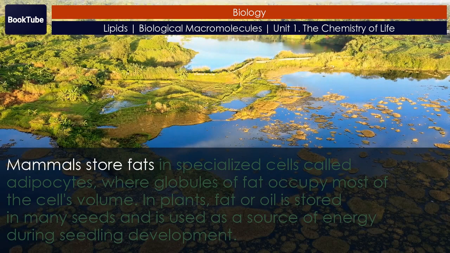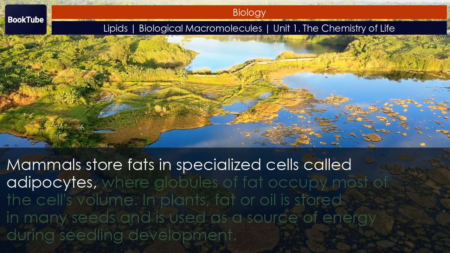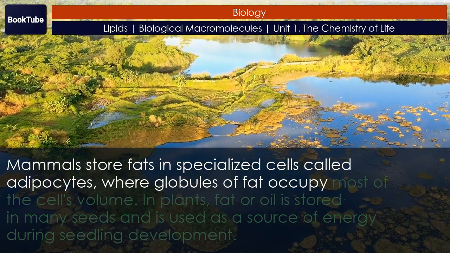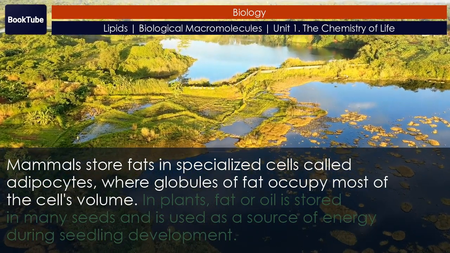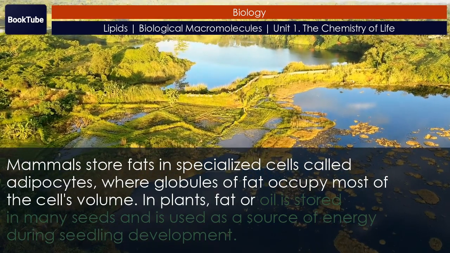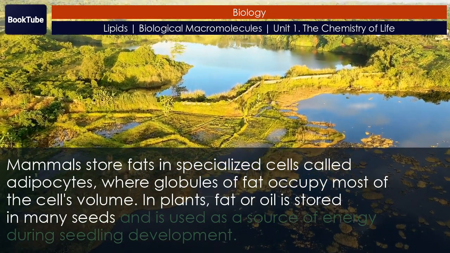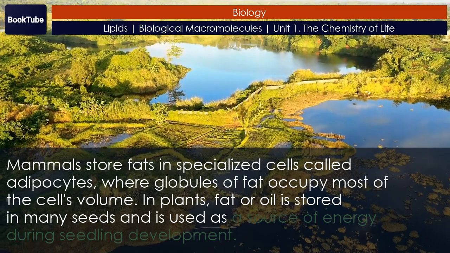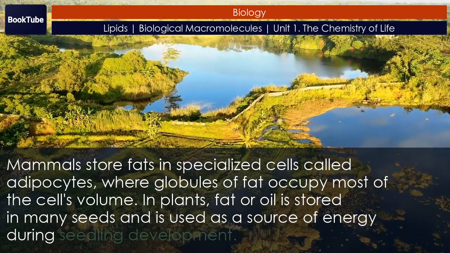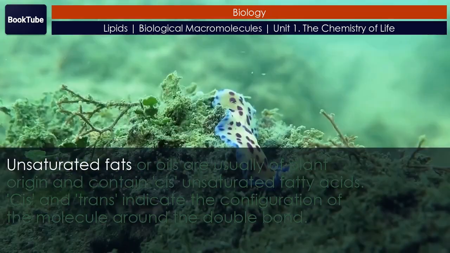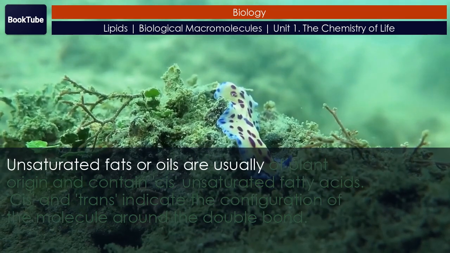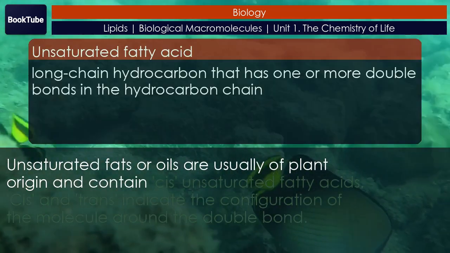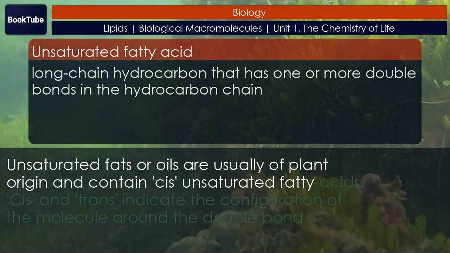Mammals store fats in specialized cells called adipocytes, where globules of fat occupy most of the cell's volume. In plants, fat or oil is stored in many seeds and is used as a source of energy during seedling development. Unsaturated fats or oils are usually of plant origin and contain cis unsaturated fatty acids.